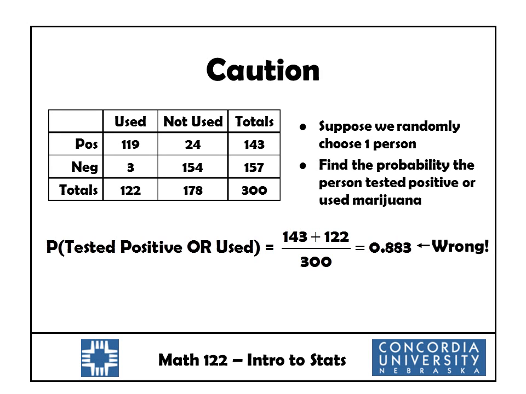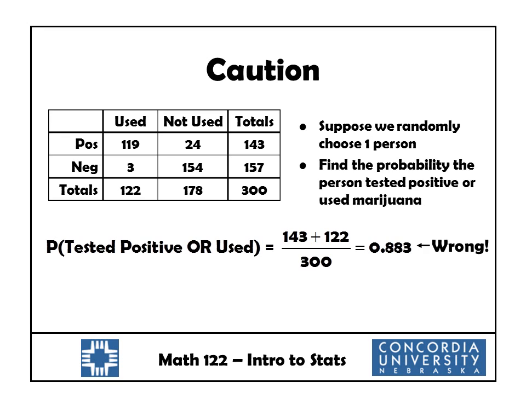Well, let's look at a caution here, a mistake that we might make in trying to calculate these probabilities. Again, same procedure, we randomly choose one person, find the probability the person tested positive or used marijuana. Well, I might be tempted to simply look at the right-hand column and the bottom row of the totals and say, well, a total of 143 people tested positive and 122 people used marijuana.